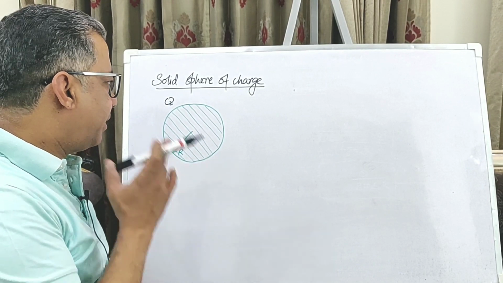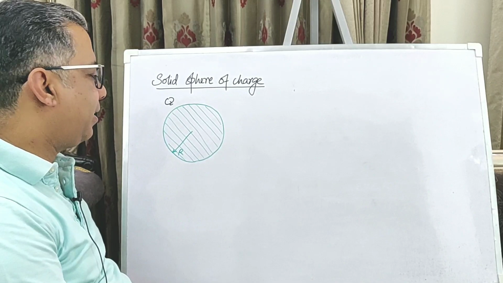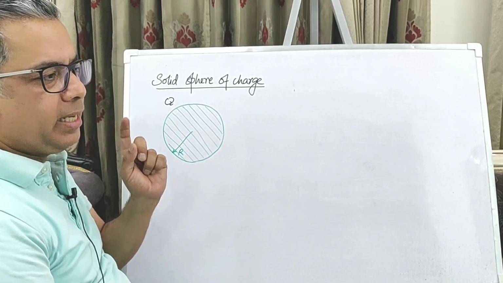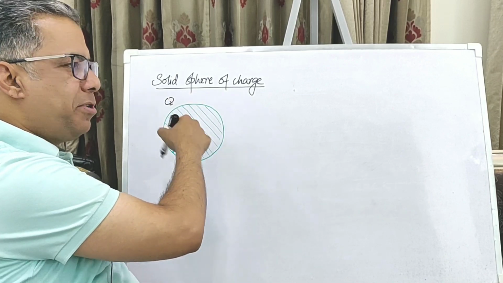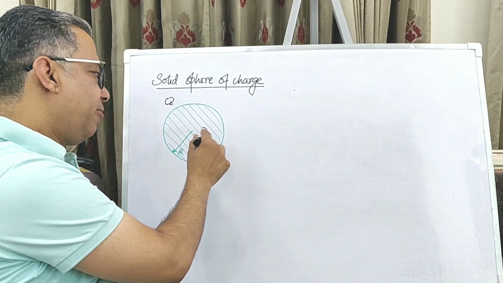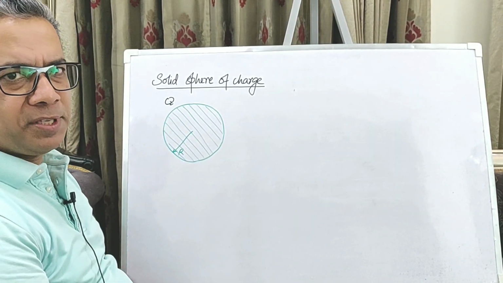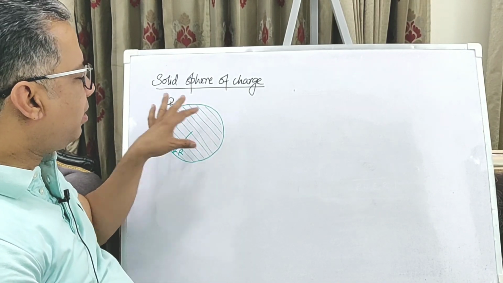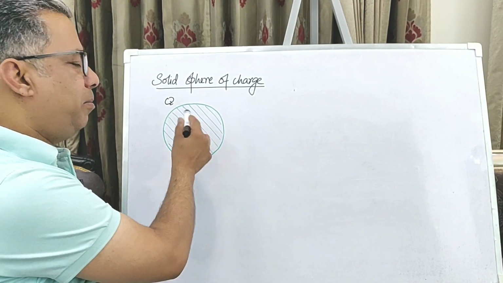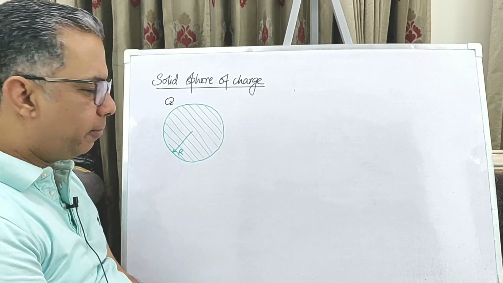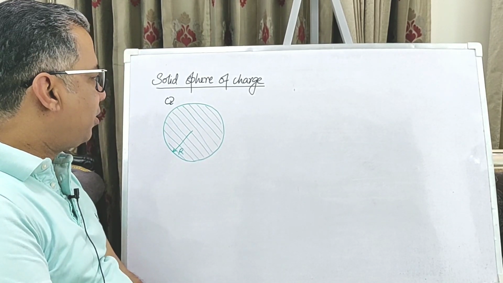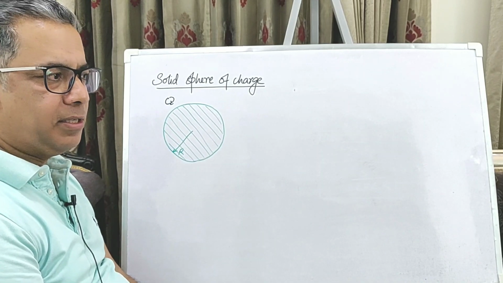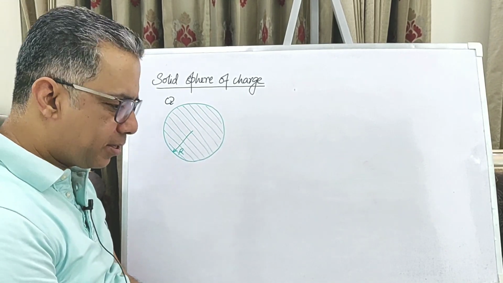For a sphere, the calculation gets a little more interesting, because in case of the shell, the charge was always distributed on the surface, at a distance r from the center. But in the solid sphere, charge distribution is there in the entire volume. So the addition of charge in this case is a little bit different.